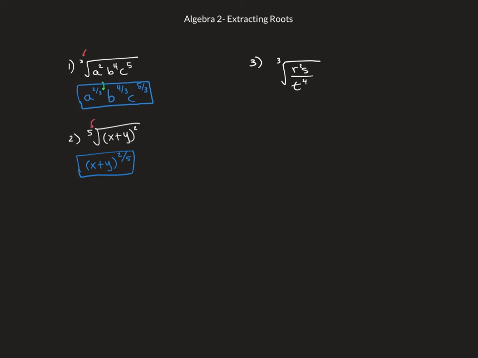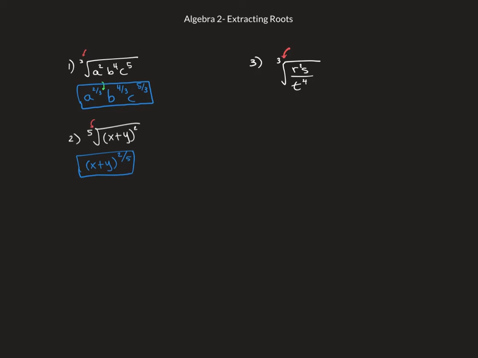Now, in this case, the division that goes on inside the root doesn't change anything. You're basically just going to take the exponent just like you did in the first 2 problems. So we're going to take the outside number here, which would be 3, and then we would just put it as the denominator of everything there.